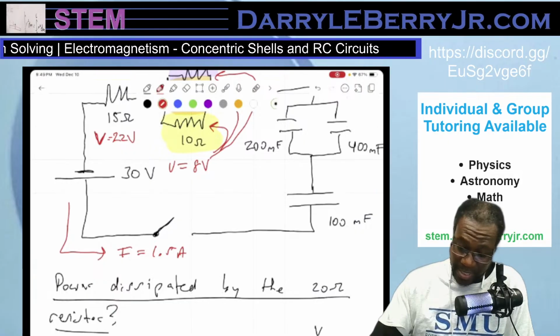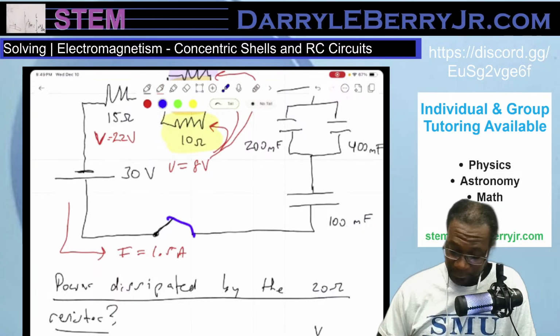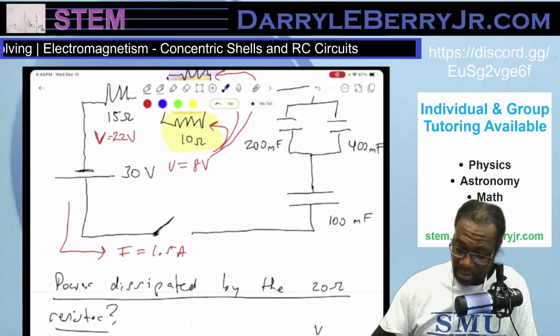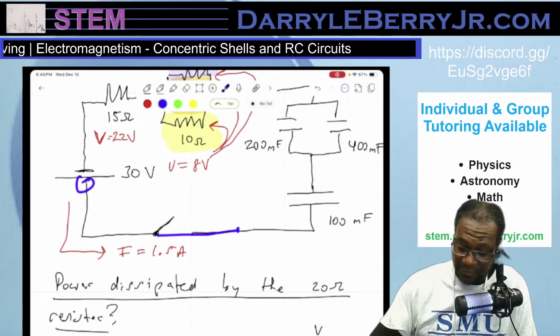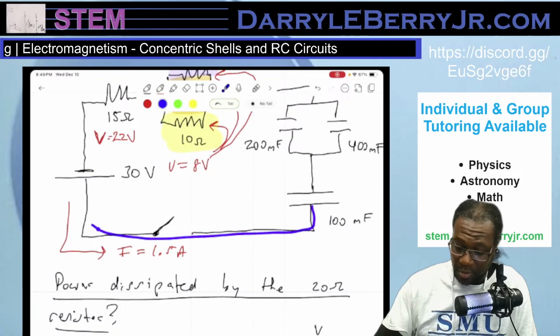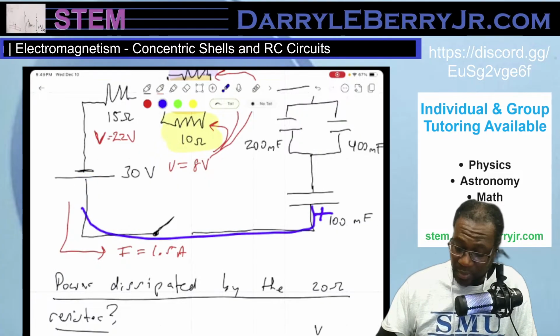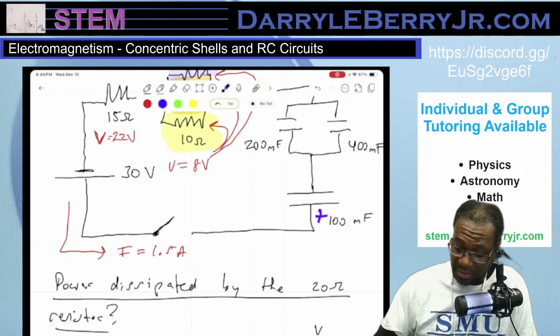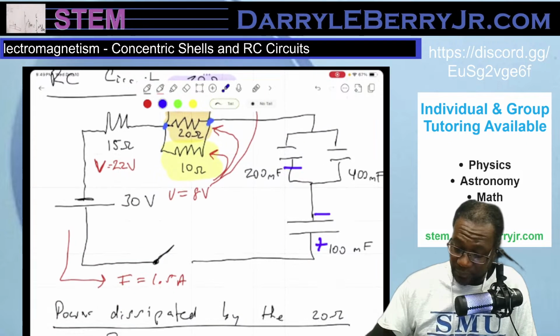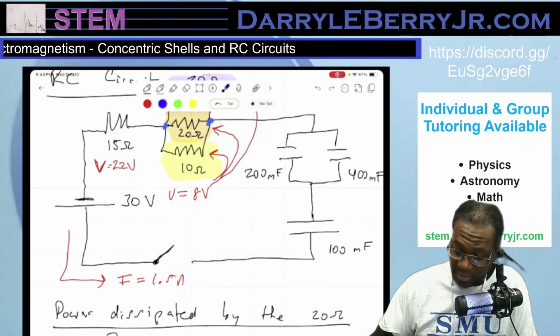When I initially close this circuit with the capacitors, this is the positive side of the battery over here. It's attracting all the negative charges from there. So this becomes positive as well. This becomes negative, this becomes positive, this becomes negative.